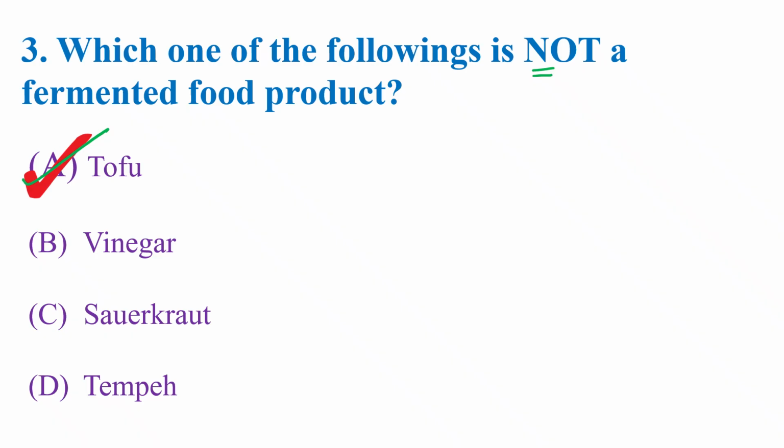And sauerkraut is fermented cabbage using lactic acid bacteria. And tempeh is a fermented soybean product, which is bound by the fungal mycelium, that is Rhizopus. So over here my correct option is option number A, that is tofu.